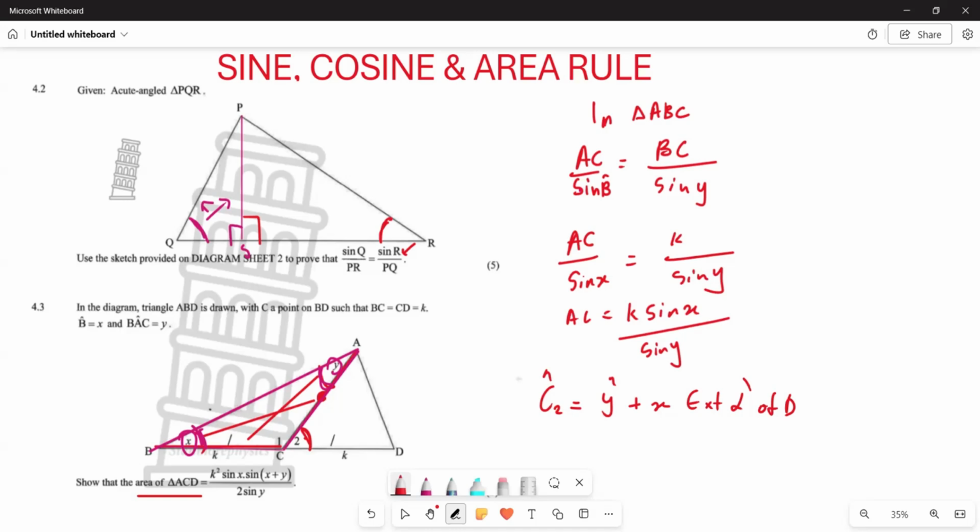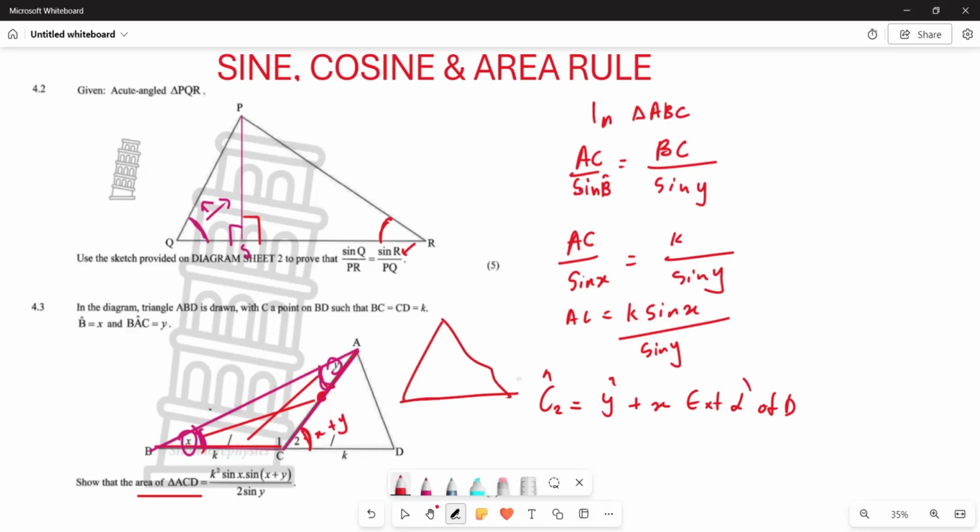So that's going to be your angle C2. Since we now know our angle C2, we can come back. We have this angle, which is the same as Y plus X, or X plus Y. Now, whenever you want to apply our area rule, please note that the area rule uses the same criteria as our sine rule.